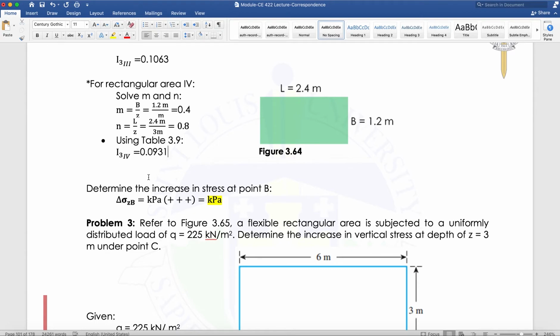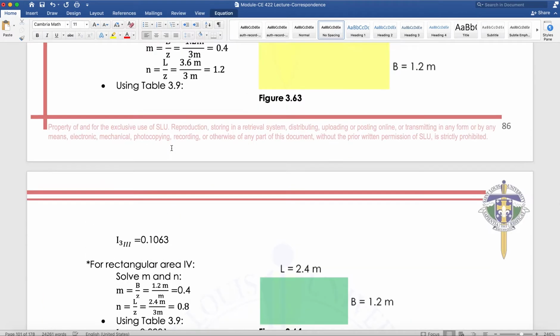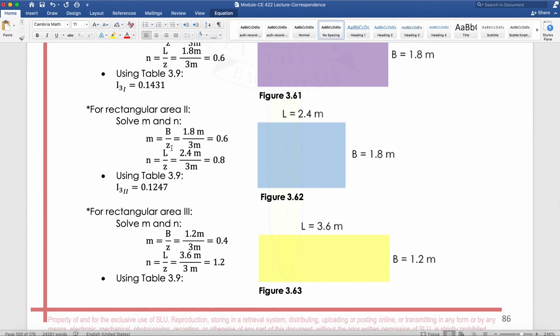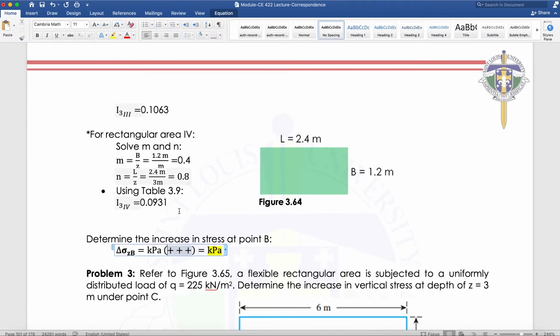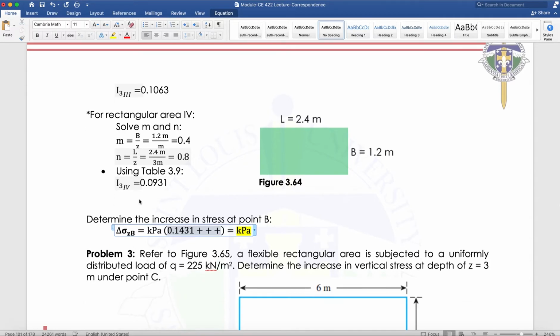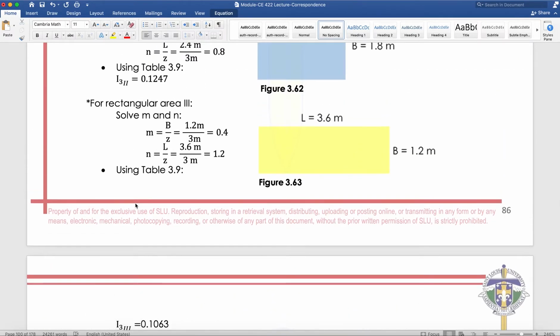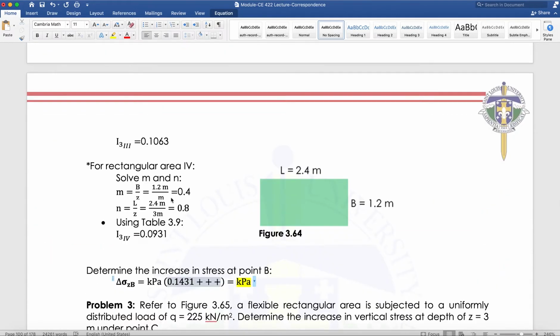Since we already have the I3 of the four rectangles, then we get the sum, then multiply it by the pressure. So, we have here, yung I3 natin is 0.1431, plus we have I3 of the second, 0.1247.